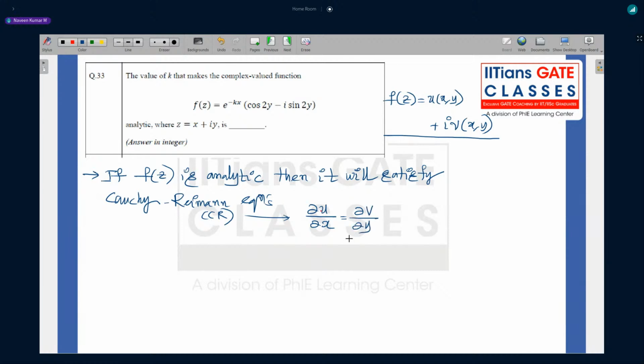This is one equation. And another equation is dou u by dou y is equal to minus dou v by dou x. These were the two Cauchy-Riemann equations.